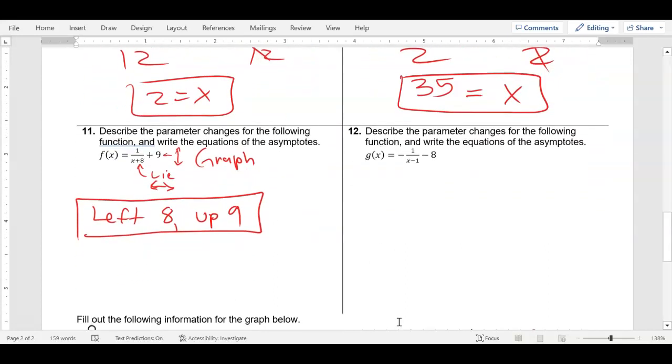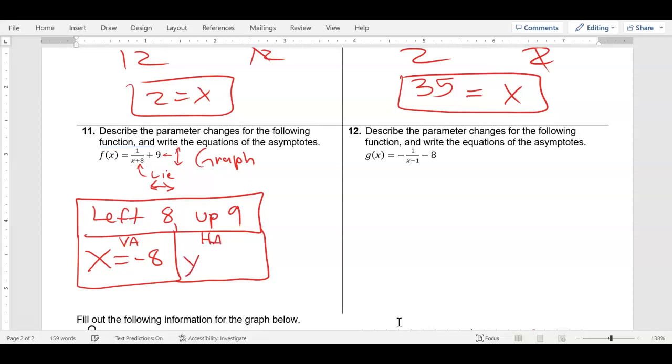And then the asymptotes, remember x equals that value right there. But remember, it's a lie. It's that positive 8. x equals negative 8 is my vertical asymptote. And then my horizontal asymptote is y equals the y value here, which is 9.